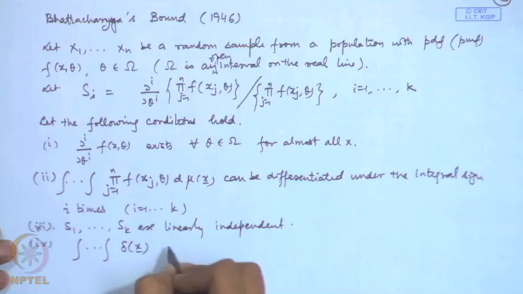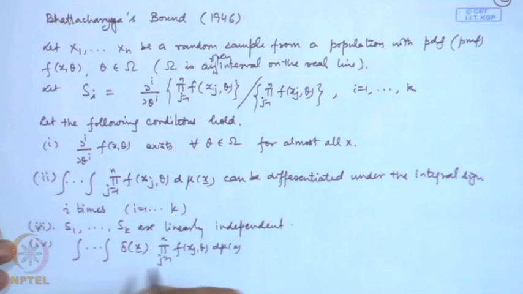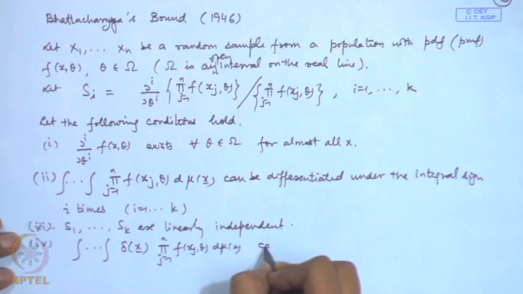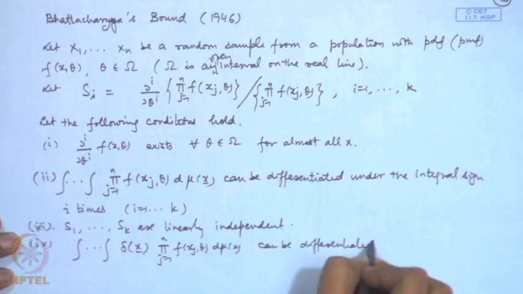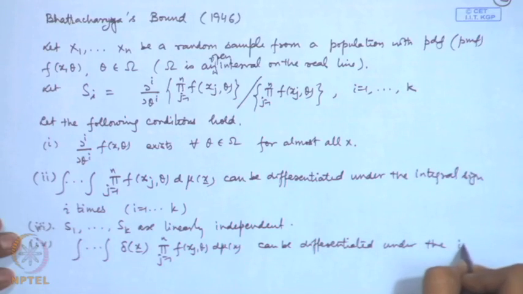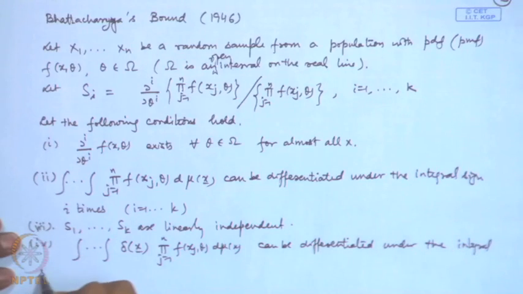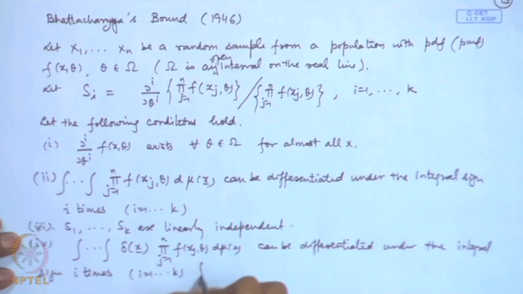this manifold integral also can be differentiated under the integral sign, i times, for i equal to 1 to k, for any integrable function delta.